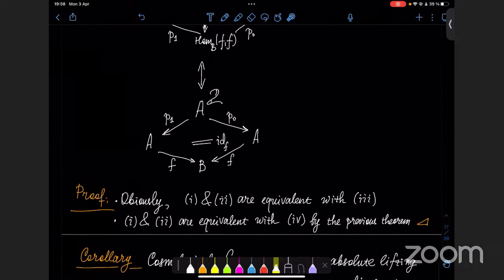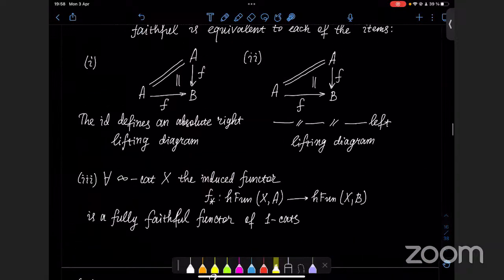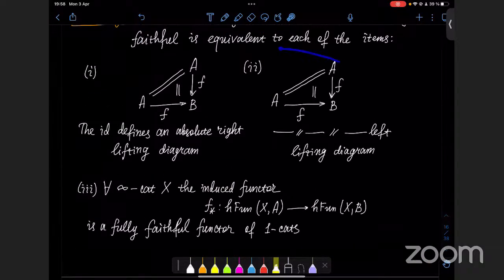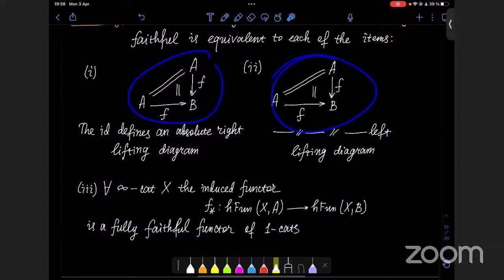Note that the first and the second items are equivalent with the third one. So each of these notions is equivalent with the third one. That's easy.